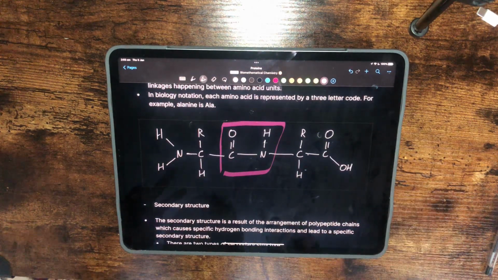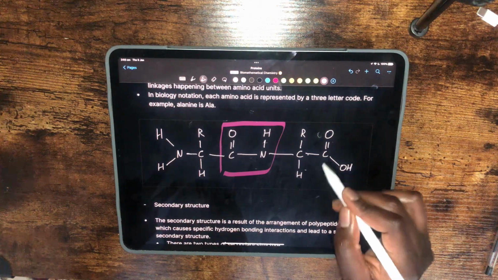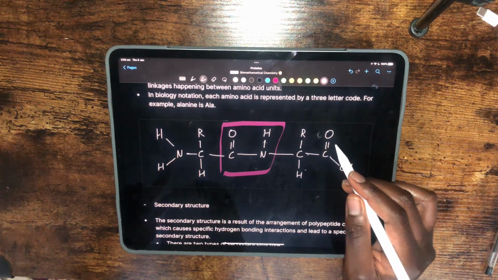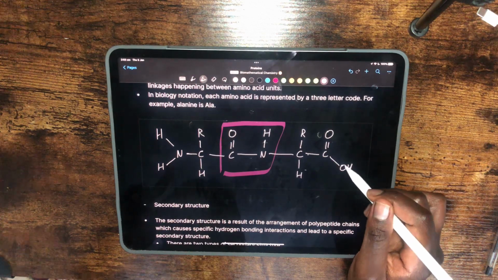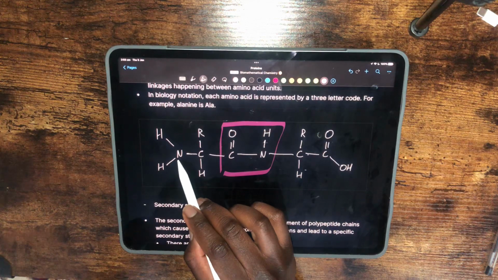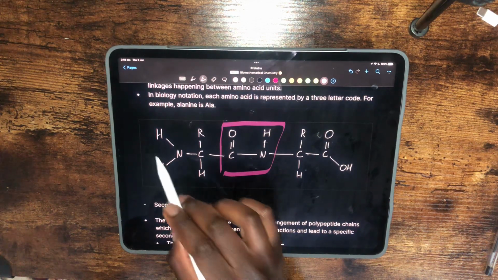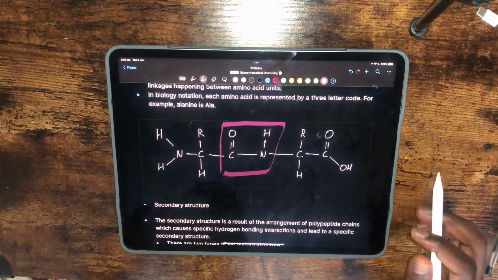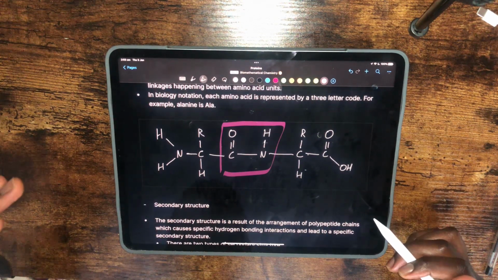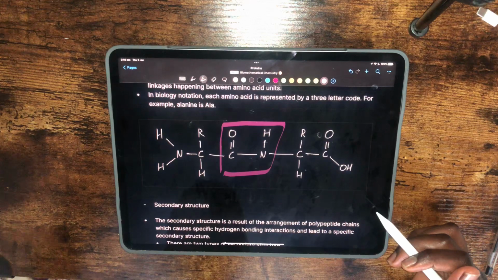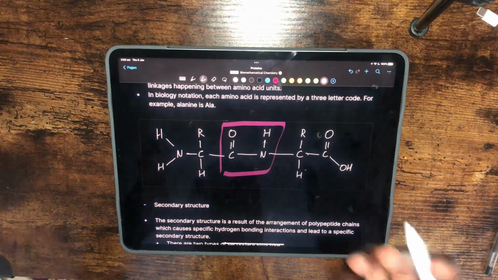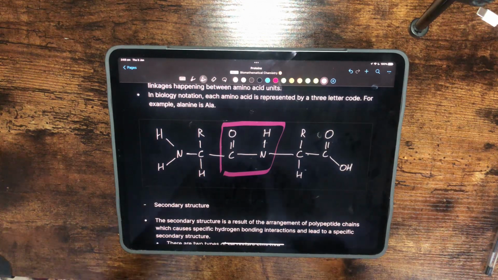The hydrogen bonding will be between the electronegative oxygen atom, from this oxygen atom here, and the electronegative nitrogen atom and partially positive hydrogen atoms, and that will cause hydrogen bonding between other amines and other carboxyl groups, and that causes it to twist or to form a certain type of structure.